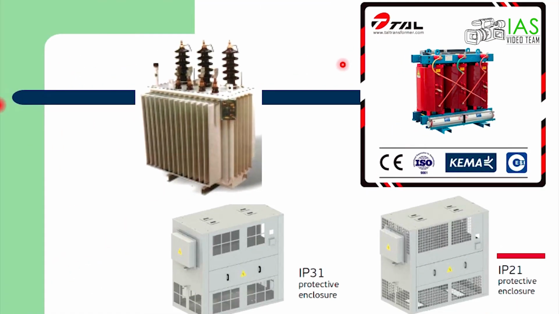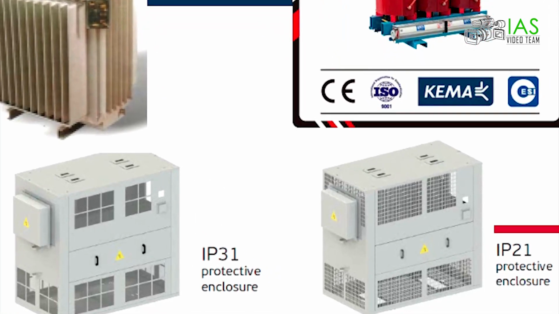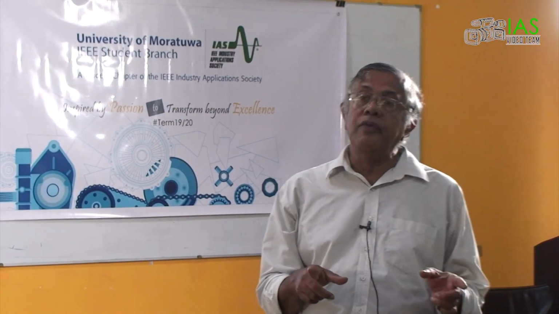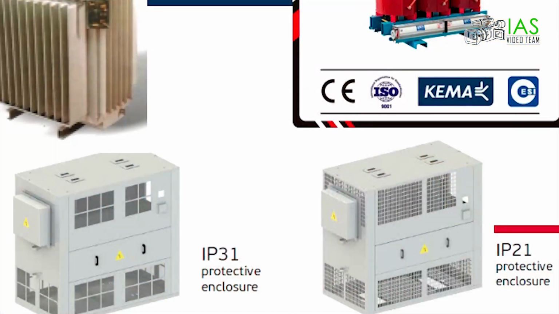Normally dry type transformers are put in housings or enclosures. Those enclosures would have a certain IP, ingress protection level.